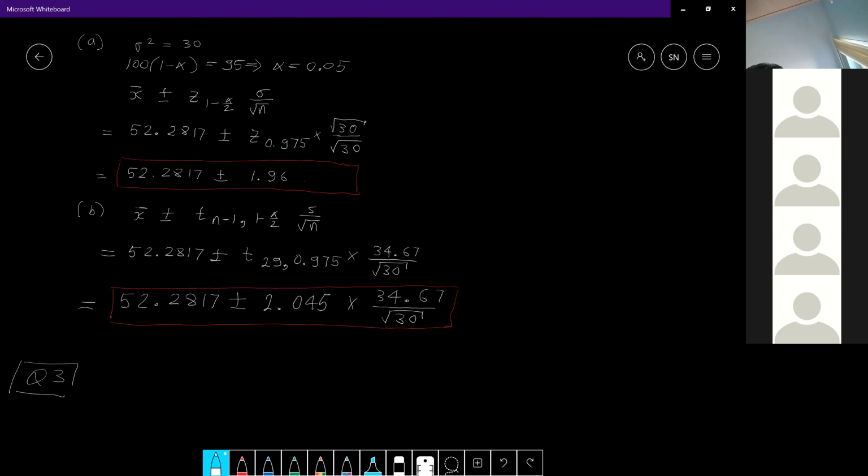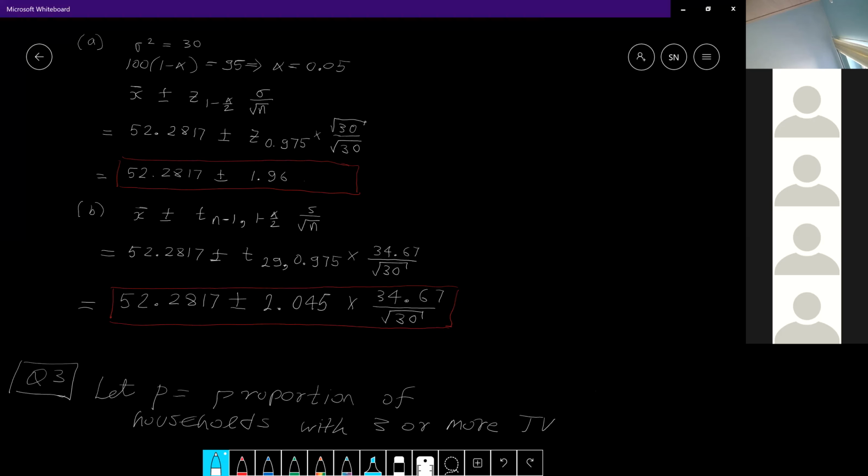All right, so in this question, we are interested in the proportion of households that have 3 or more TV sets. So let P denote the proportion of households with 3 or more TV sets.